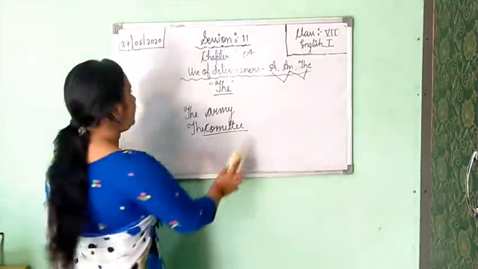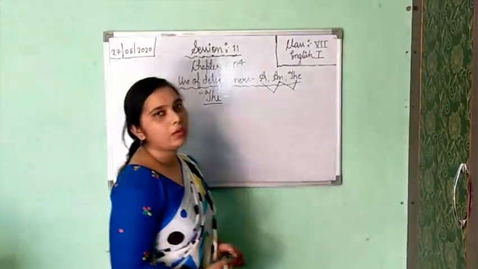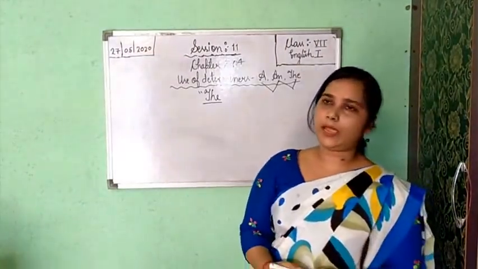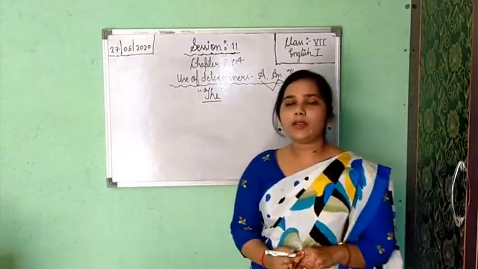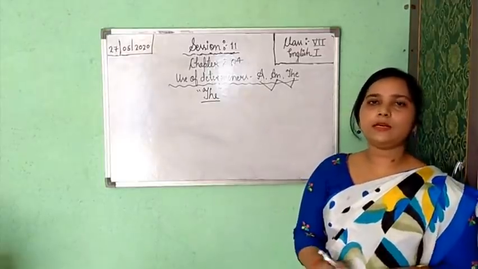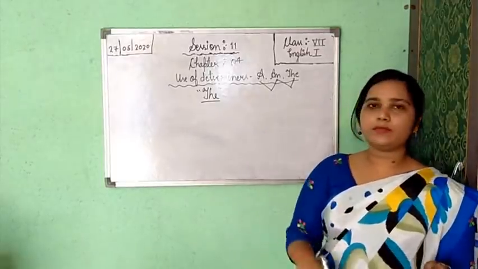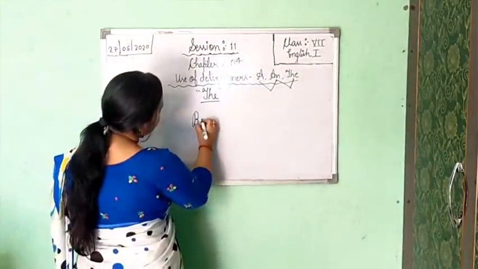If you are getting the name of any holy book, there you will use the determiner "the". For example, Bible, Ramayana, Quran, these are holy books. So before the name of these you will use the determiner "the".